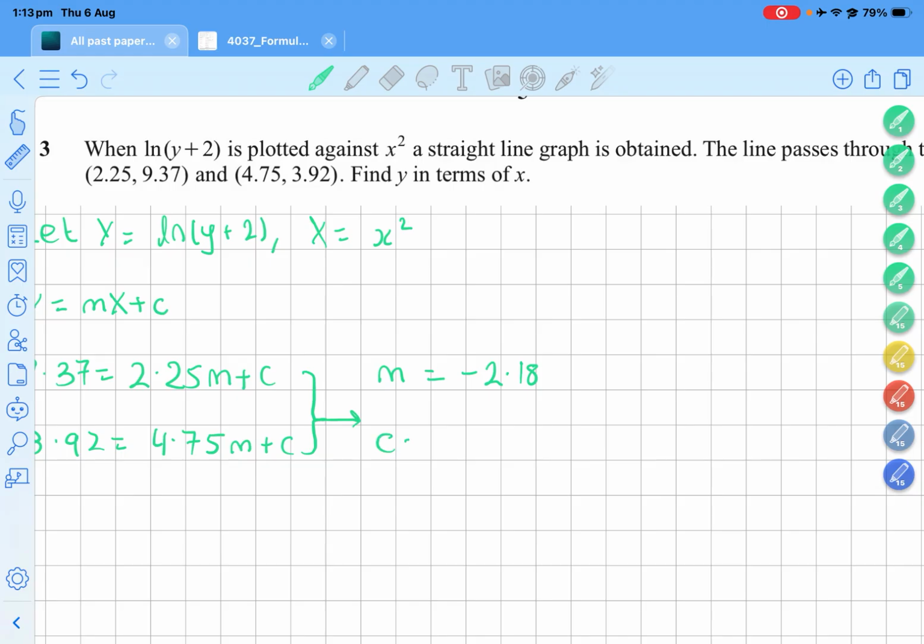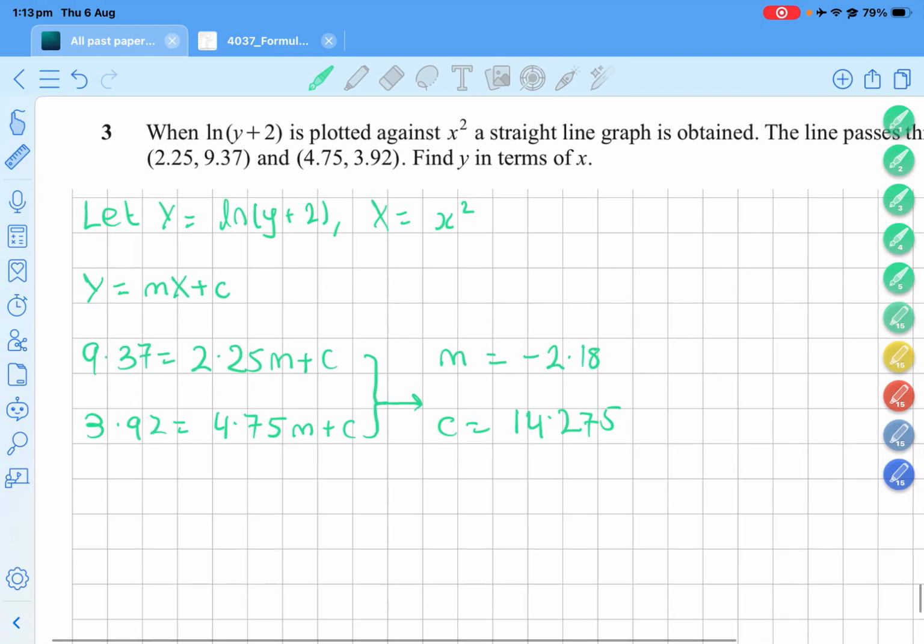c is equal to 14.275. Yeesh. So ln of y plus 2, so you're now converting back to the original form, is 14.275 minus 2.18x squared.